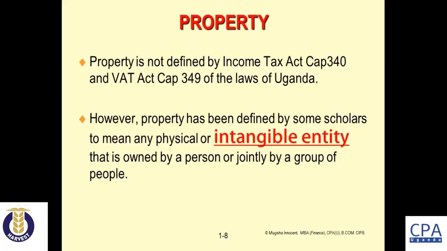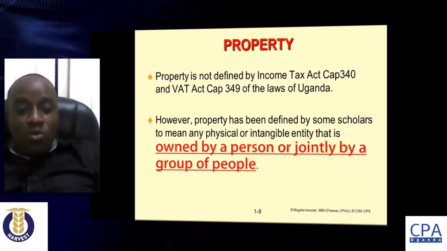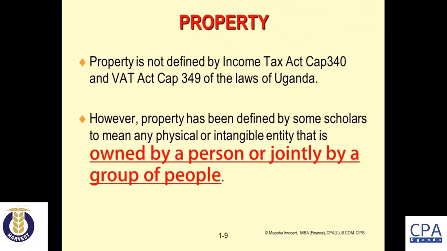One of the definitions that has been put across is that property is a physical or intangible entity. Intangible, remember, is something that you may not touch, that doesn't have a physical form, that is owned by a person or jointly owned by a group of people.